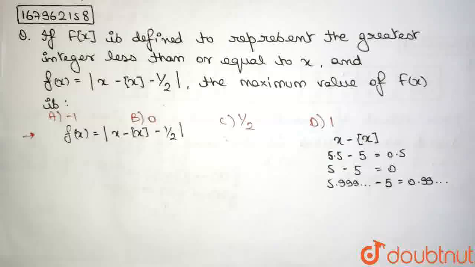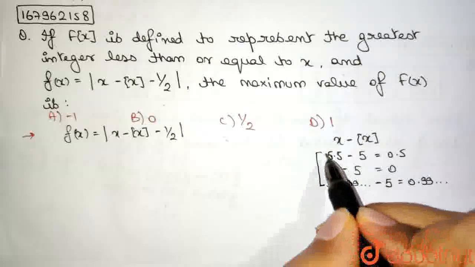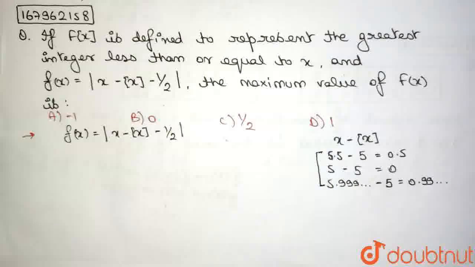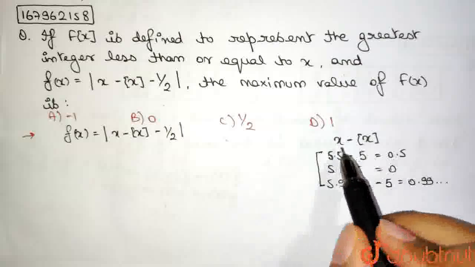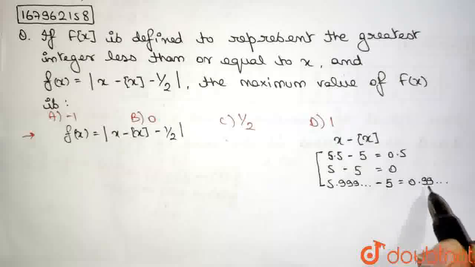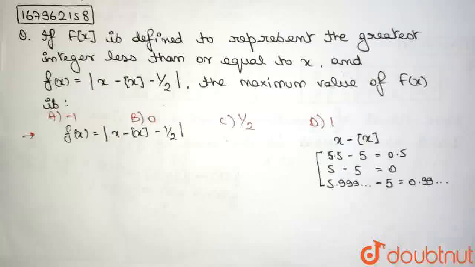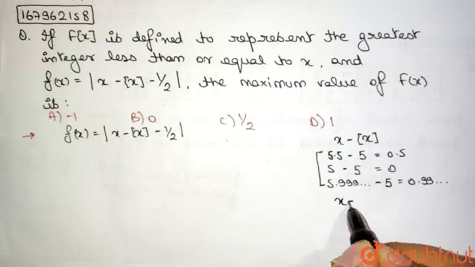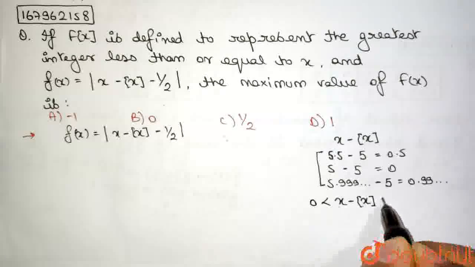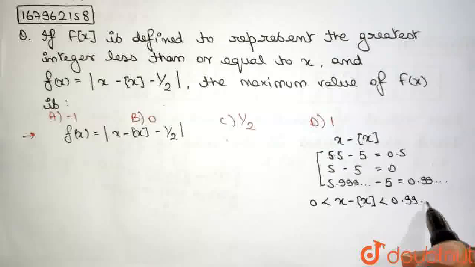And if you look closely, we can generalize these cases. We could say that the value of x minus this greatest integer function of x can actually vary only from 0 to 0.9999, right? Because it can never attain a value of 1. So we have obtained the value of x minus GIF of x in the range 0 to 0.99 and so on, right?